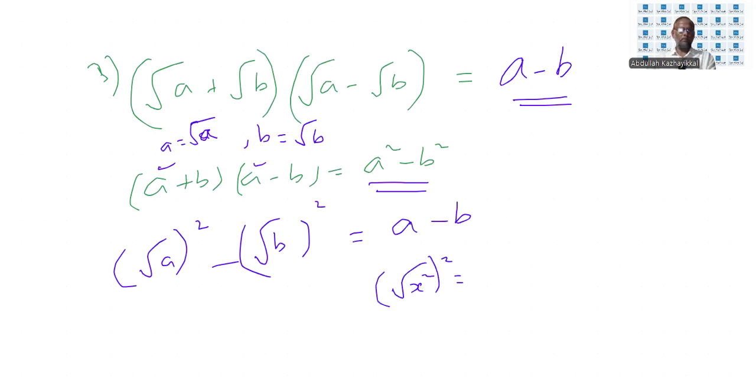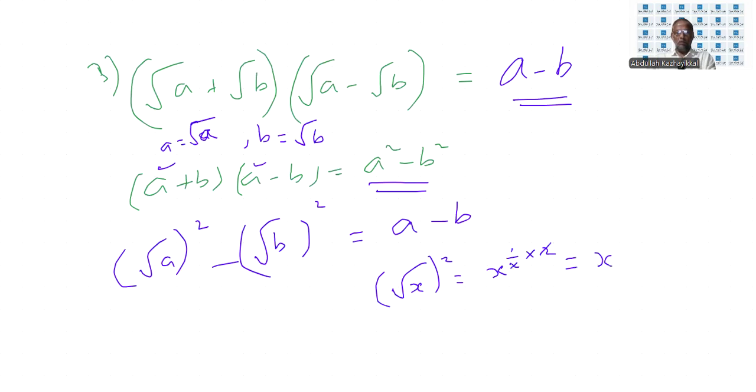Or listen here, don't confuse. Root x whole square means x to the power of half into 2. 2 cut. That is x. That is why root of x whole square is equal to x.